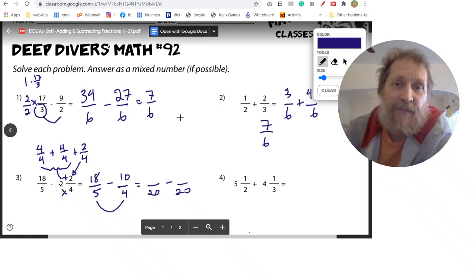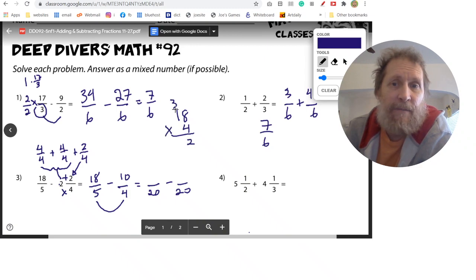If you are not in my mental math class, then you might want to do 18 times 4 like this. 4 times 8 is 32. Carry the 3. 4 times 1 is 4, plus 3 is 7. 72.